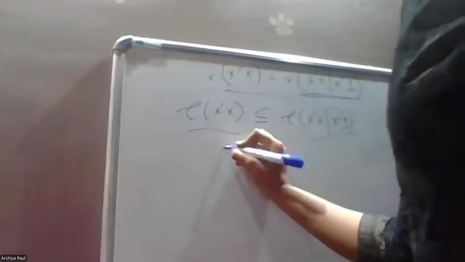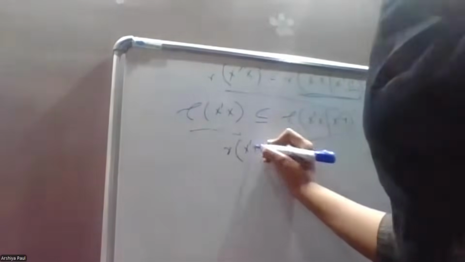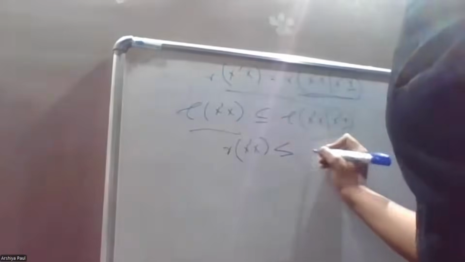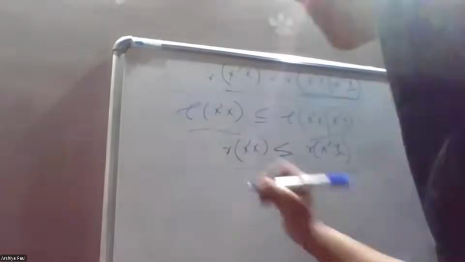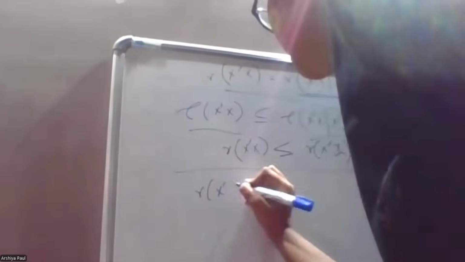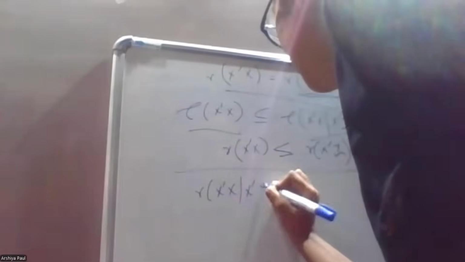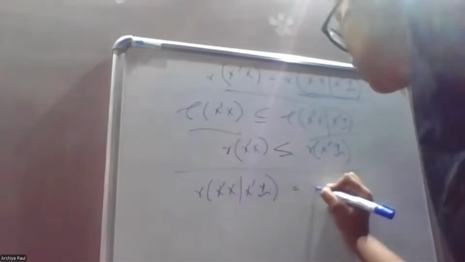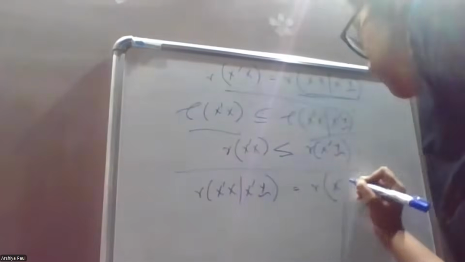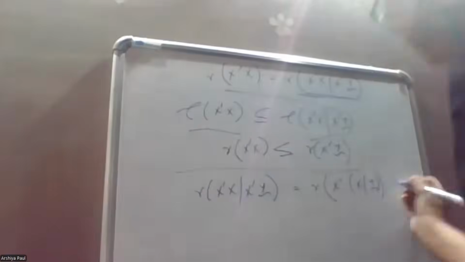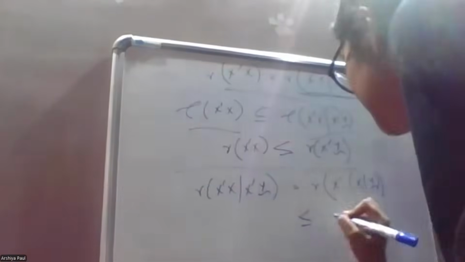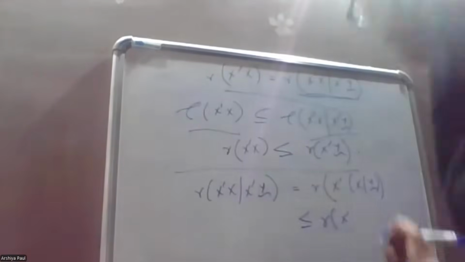So from this, we can say that the rank of X transpose X is less than or equal to the rank of X transpose X augmented with X transpose y. So this is one side. Now the rank of X transpose X augmented with X transpose y is basically the rank of X transpose into X augmented with y. So this is less than... Why that rank of X transpose, and that what you've written?